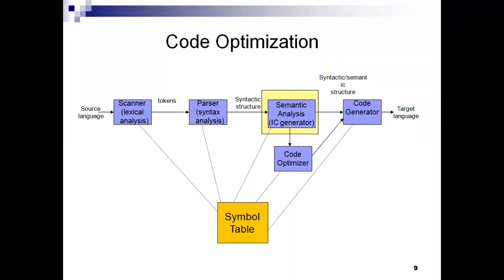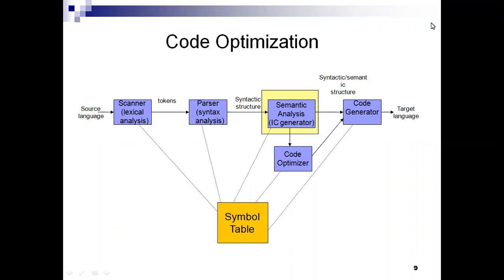From the source language, generating the lexical analyzers, that means implementing the lexical analyzers as scanners, generates the tokens, which are taken as input to the parsers, implementing all the parsing techniques, and then finally generating the syntactic structure, which is taken as input to the semantic analysis, and there we are generating the semantic structure. We generate the syntactic structure from the parser, but at semantic analysis it should be a decorated syntactic structure, right?